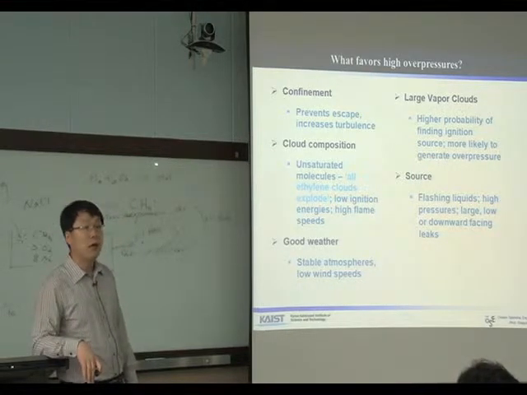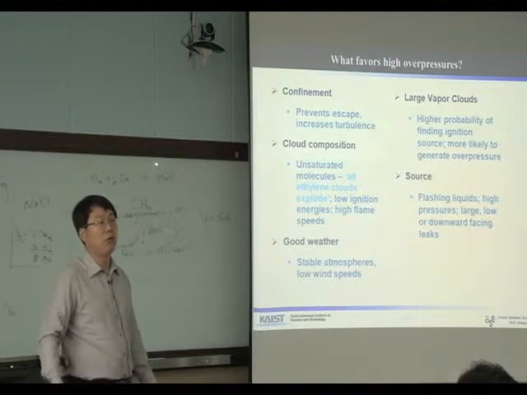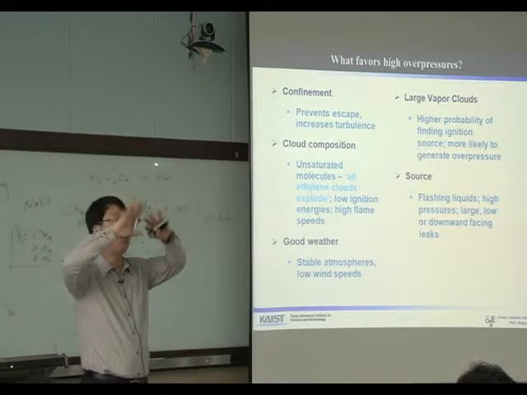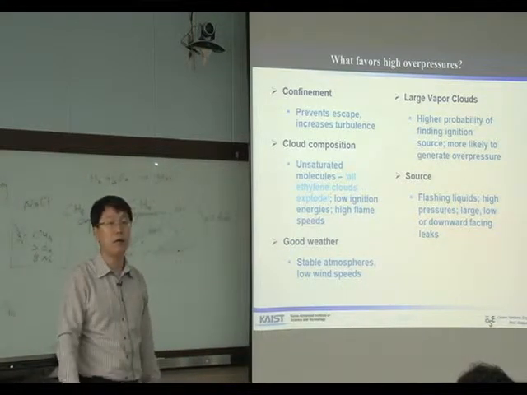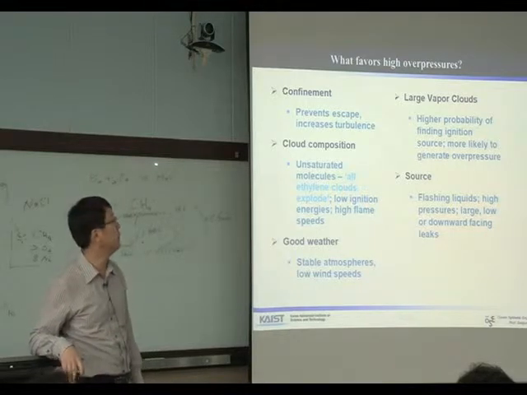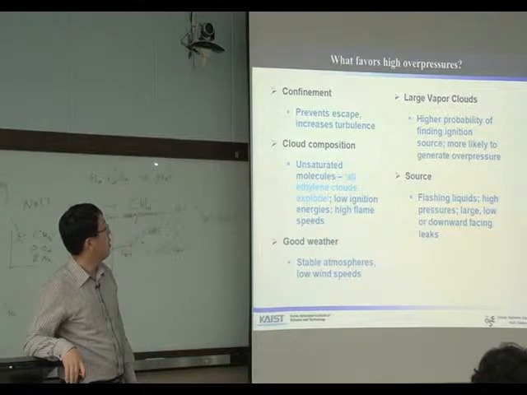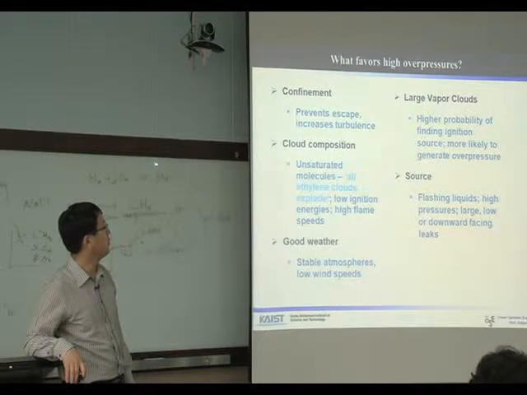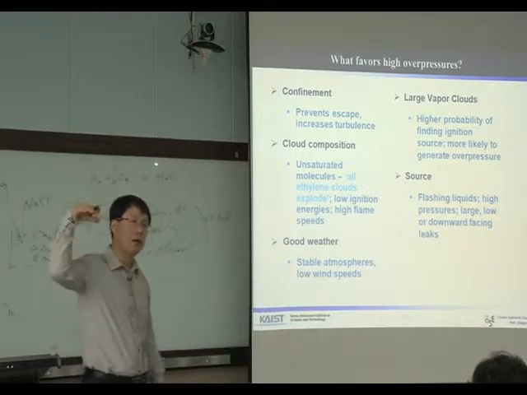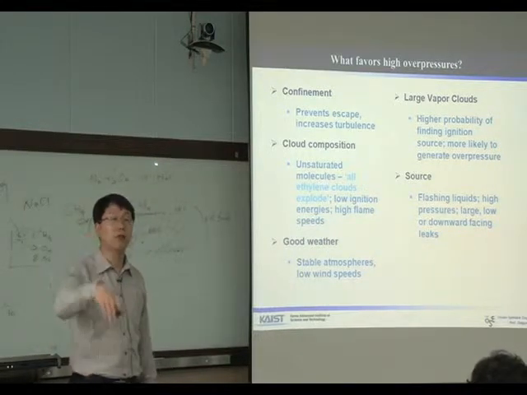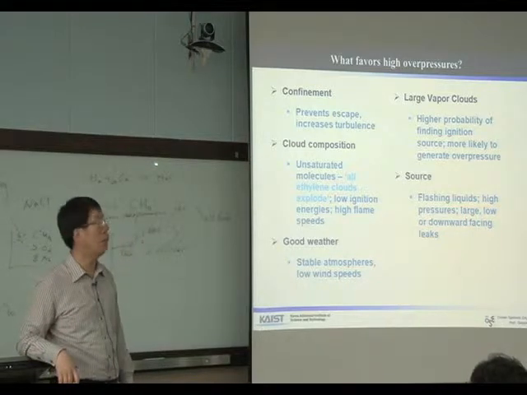And the vapor cloud size: the bigger the cloud is, the higher the explosion overpressure is. And the source: flash liquid, high pressure, large, low, or downward facing leak. Even the leak direction can affect the size of the overpressure.